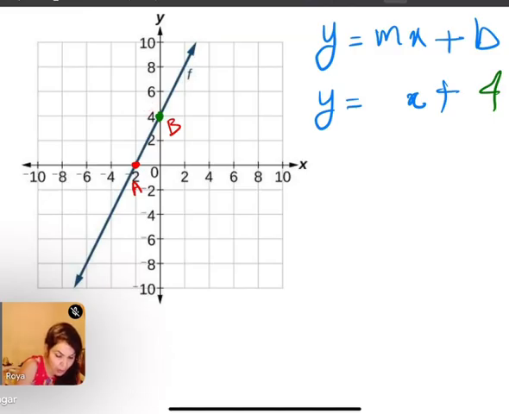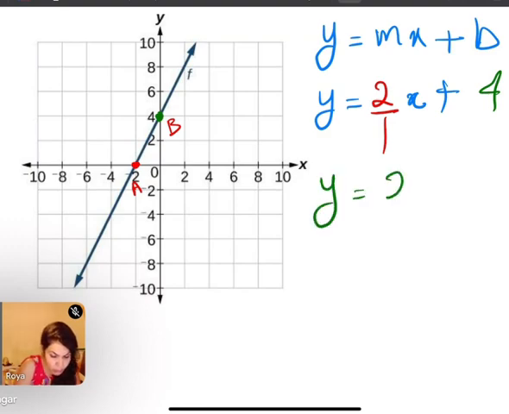So m is 2 over 1. This is the equation of the line. You don't have to write 1 in the denominator, so it's exactly equal to y equal to 2x plus 4.